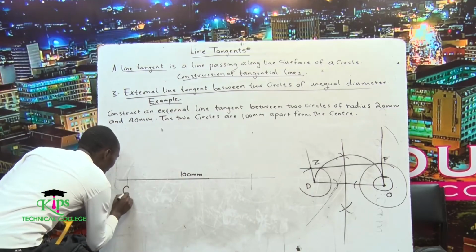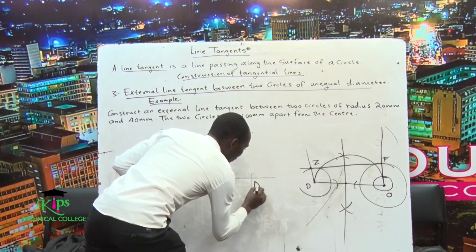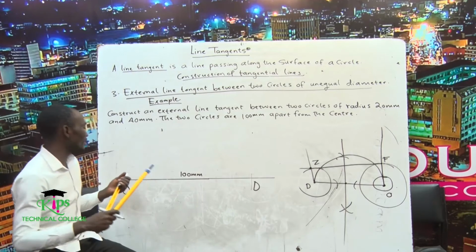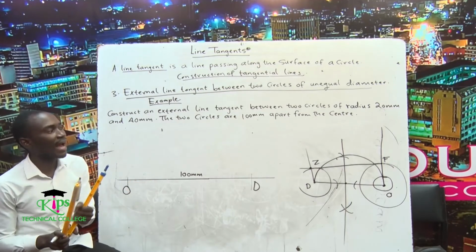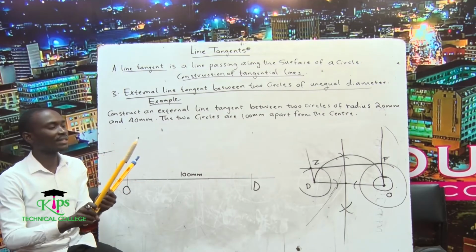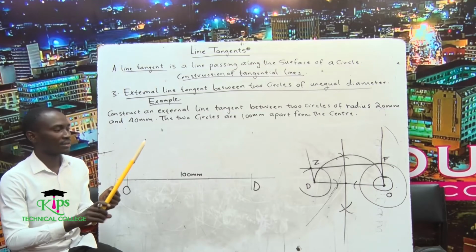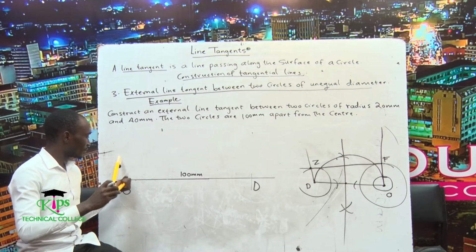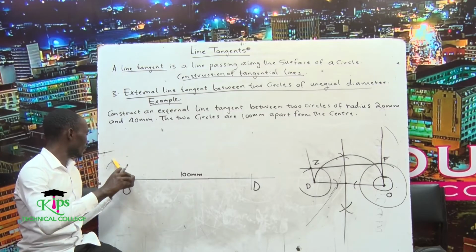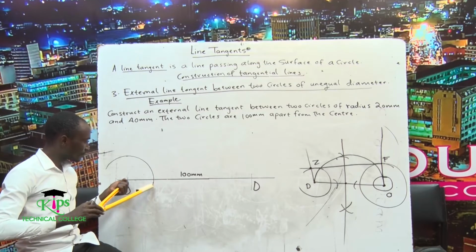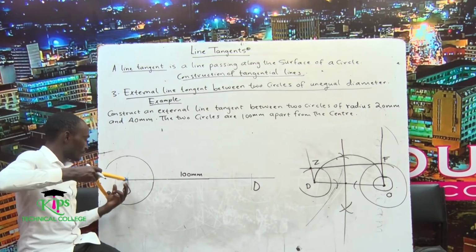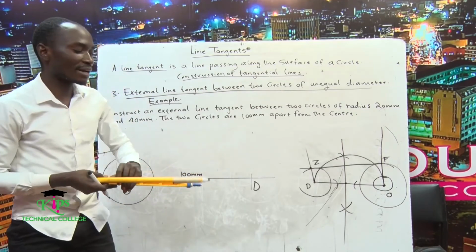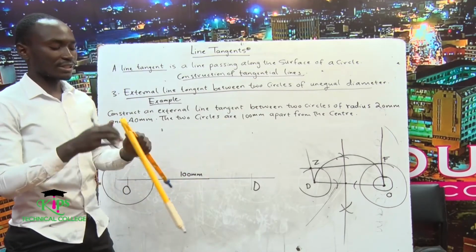Now let's begin with the first circle. Let's give O. That is our D. Now the first circle, let's draw it from point O. It is having a radius of 20 millimeters. That is now my 20 millimeters. The other one is having a radius of 40 millimeters.